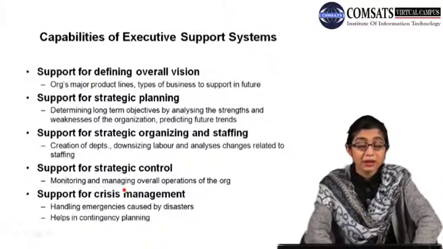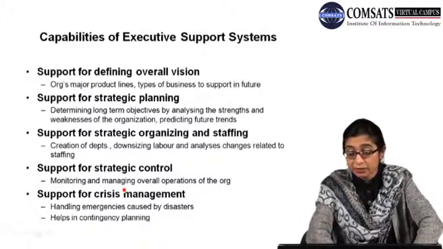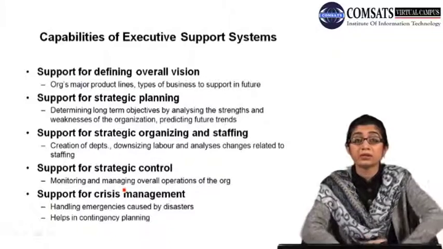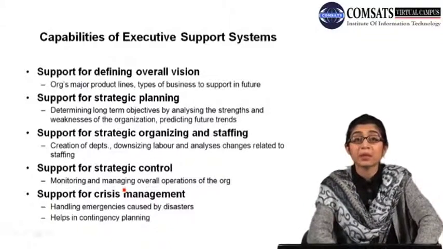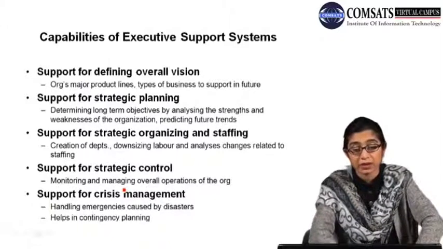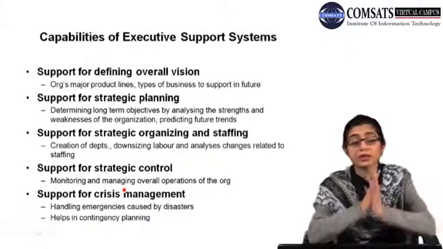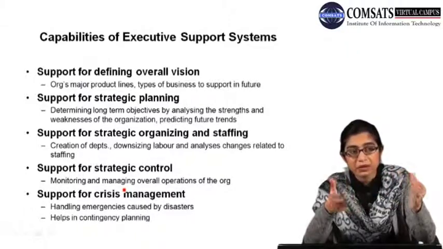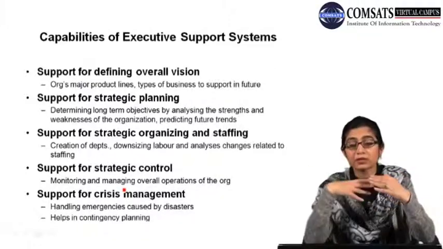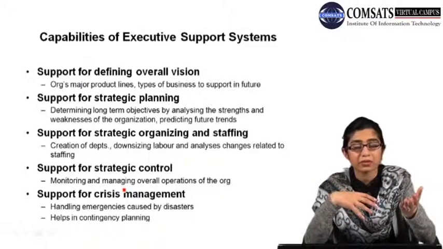Number one is support for defining overall vision. Like we said, executives are all about defining the goal of an organization, defining the long-term objectives of the organization. For example, what will the major product lines be, what types of business to introduce or not, and what business processes they are going to support in the future.